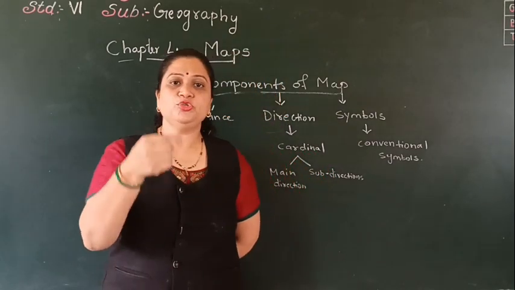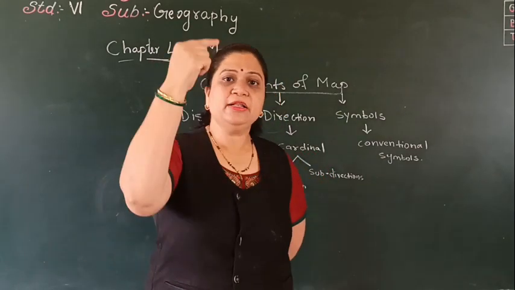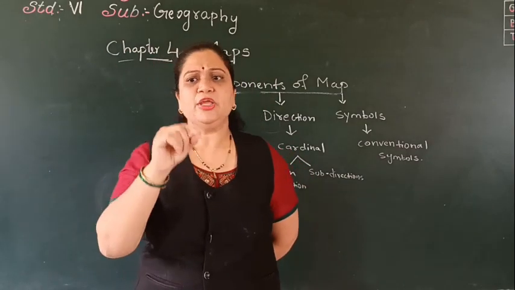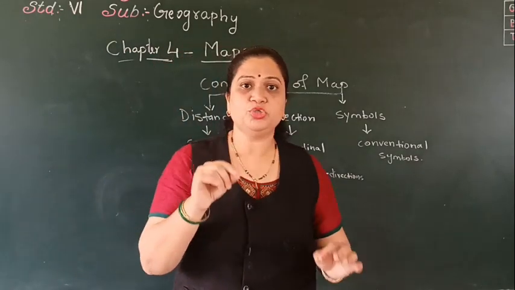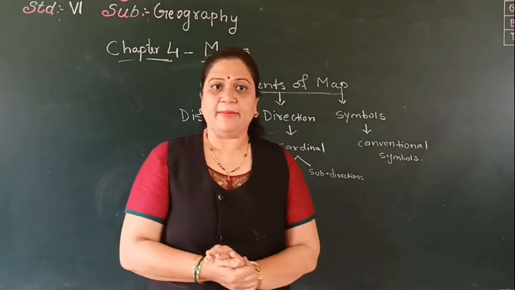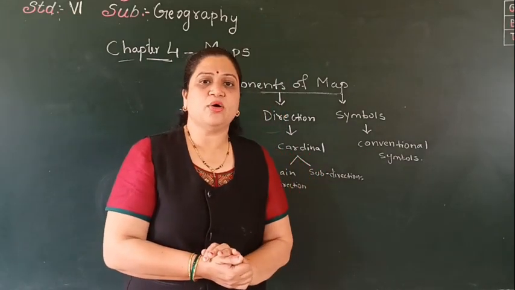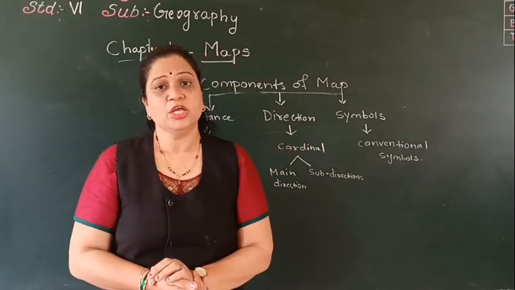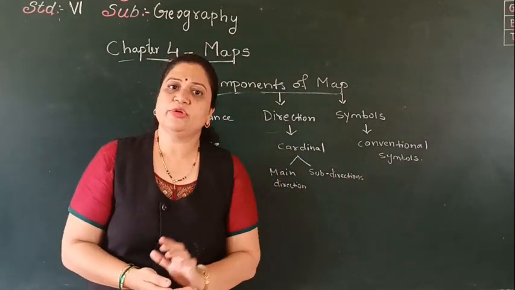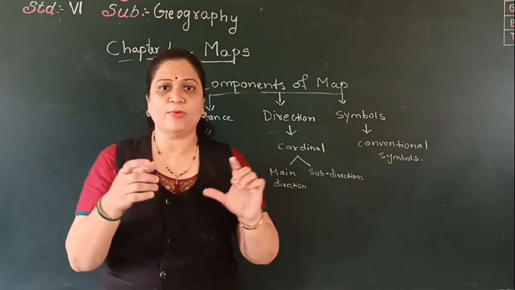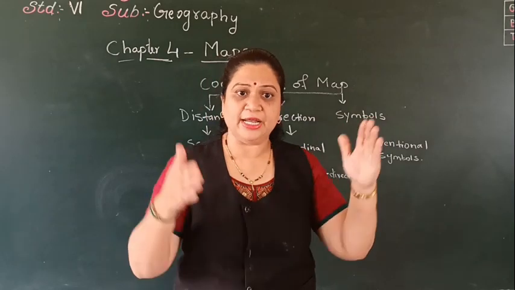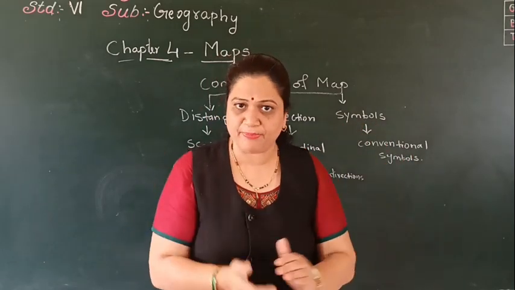But when you have to show Khed and Mumbai, the distance of Khed to Mumbai, how will you manage? How will you show this distance on the map? Now for example, the distance of Khed to Mumbai is 500 kilometers. So 1 centimeter equal to 5 kilometers will not be possible because the distance will be very large and you have to manage it on a sheet of paper.